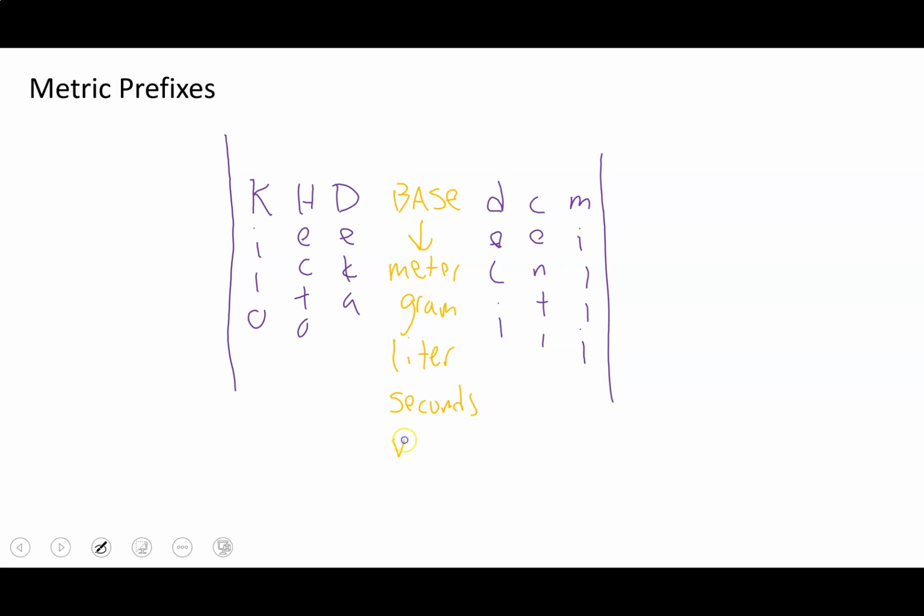We could use volts. There's lots of different things that you could do, and you can attach a prefix to any of these. So we could have millivolts, or centiseconds, or deciliters, or decagrams, or hectometers. These are all just prefixes that we could attach.